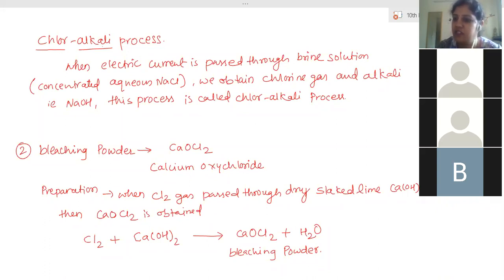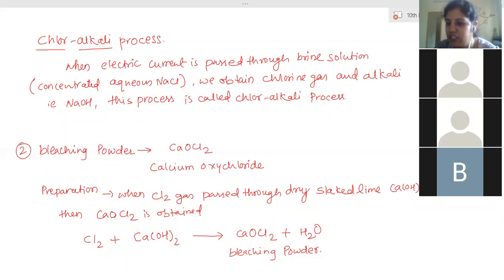That means the compound is changed, and now that the compound is changed, the color is also changed. The color will not be in its original state, so it will not show any original characteristic. What was the original characteristic? Providing the red color. So now it will not provide red color.